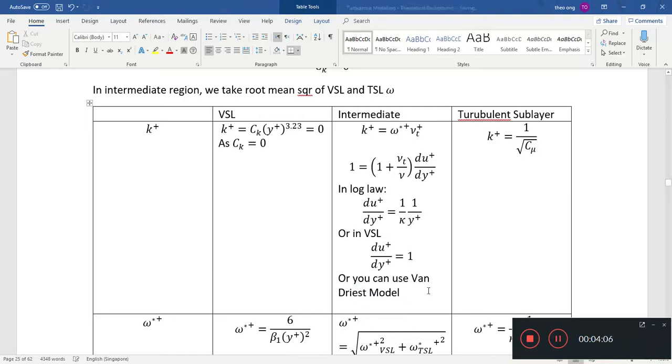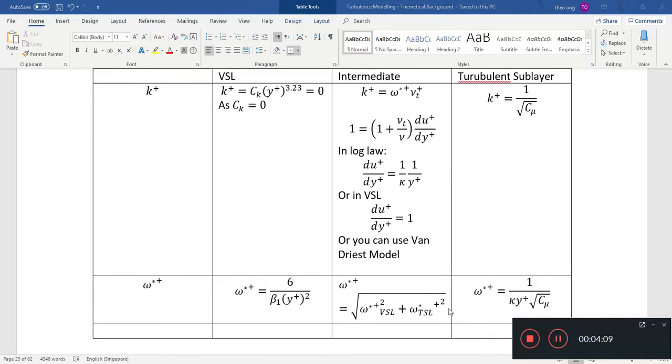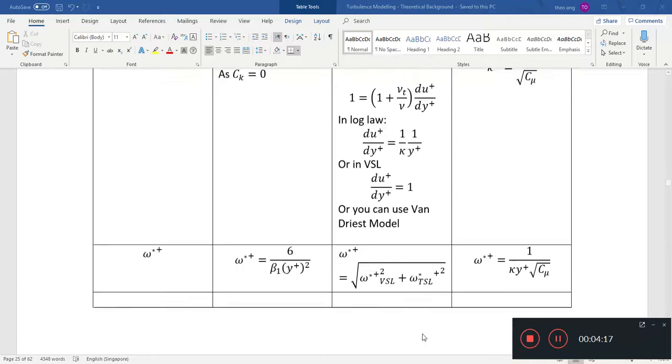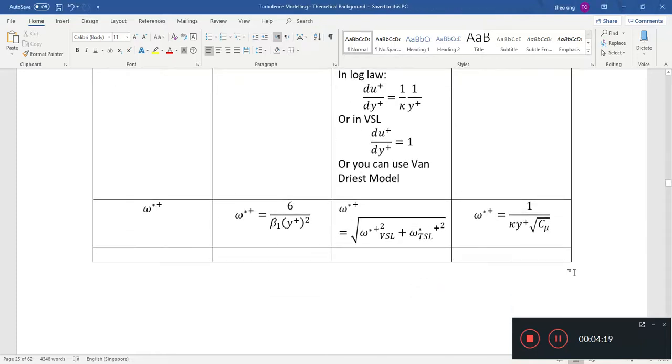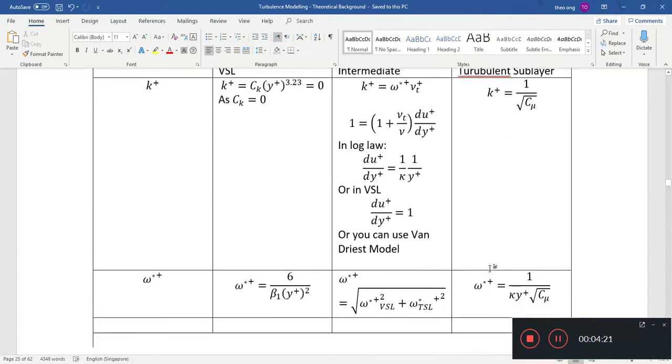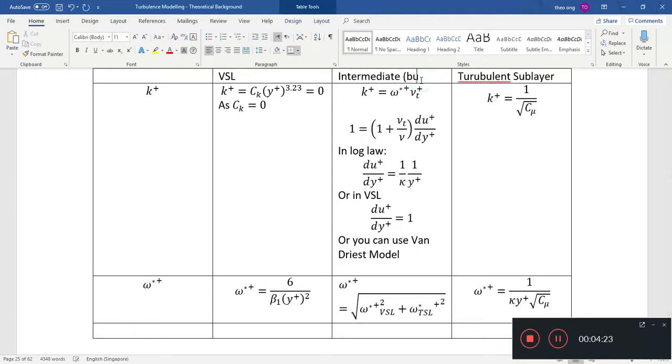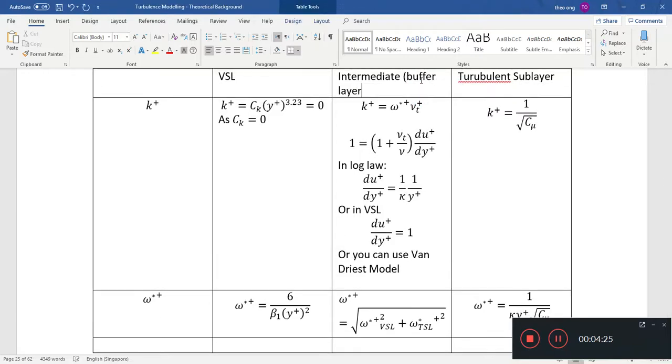This sums up how we can estimate our k plus and omega star plus values in the turbulent sublayer, the intermediate region, which is called the buffer layer, and the viscous sublayer. So that's how you compute k.